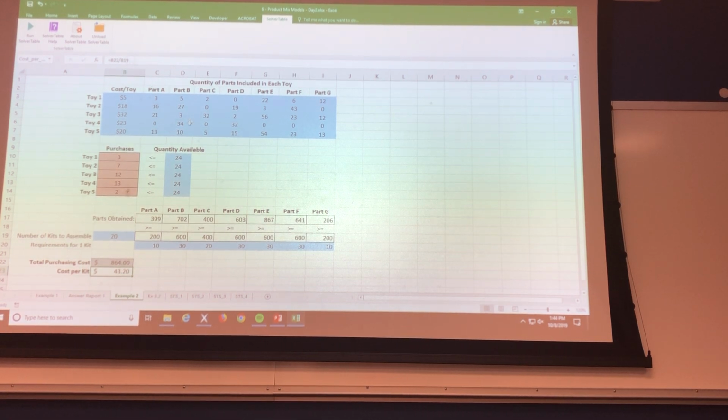Yes? It's just a question: if solver tables aren't working well on your Mac or Parallels, it's a good idea to go to the library and check out one of the laptops. Do they have solver table? I doubt it, and you wouldn't be able to load your own stuff onto it, so they would have solver, but not solver table.